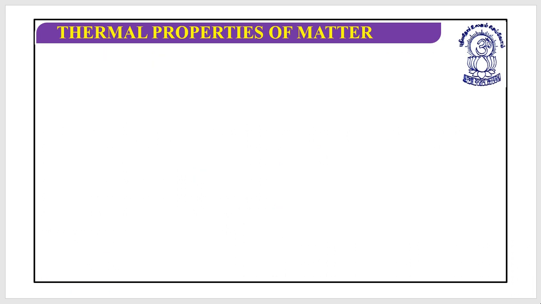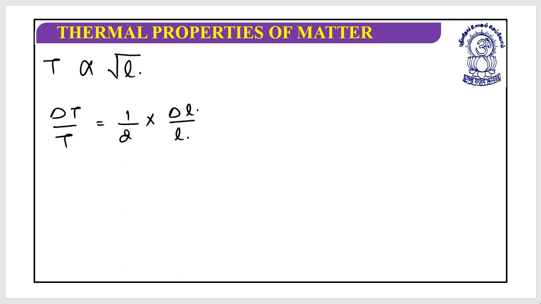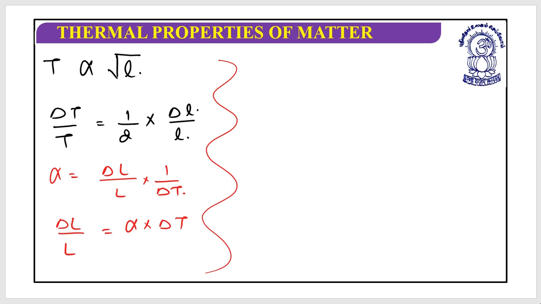Let's understand that T is directly proportional to the root of L, and this could be written as delta T by T equals 1 by 2 into delta L by L. Now we have the relation alpha equals delta L by L into 1 by delta T, so delta L by L could be written as alpha into delta T. But let's write it as delta theta so that there is no confusion between two different times.